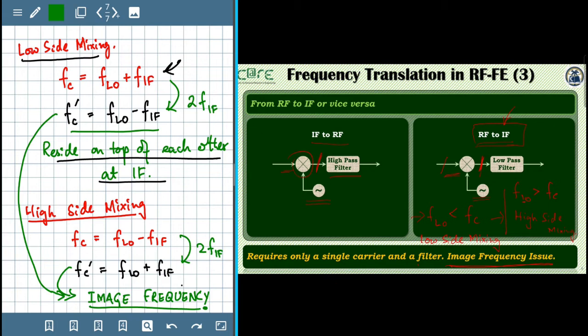And in doing so, we have also understood that there is a problem of image frequency in the case of down converting from RF frequency to the intermediate frequency. If we go for a 2-step procedure, we are going to encounter this image frequency issue.